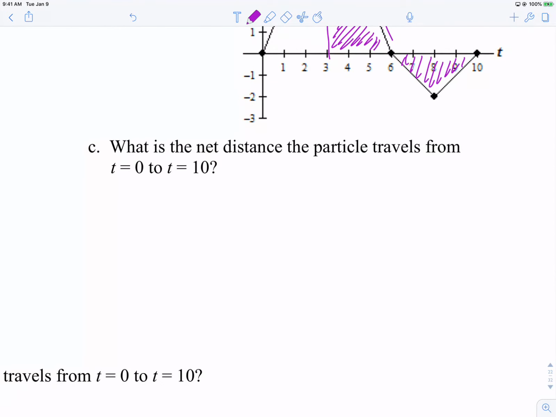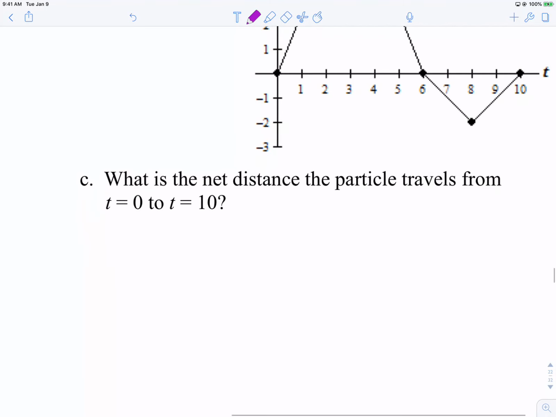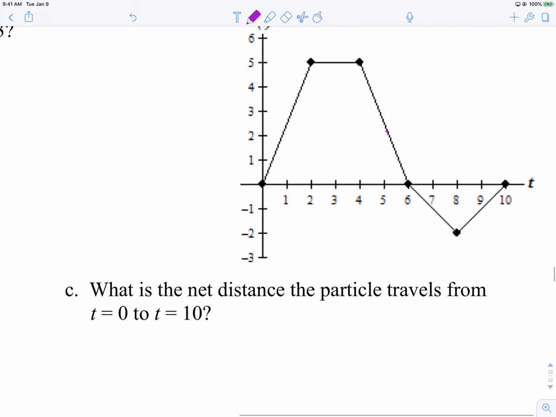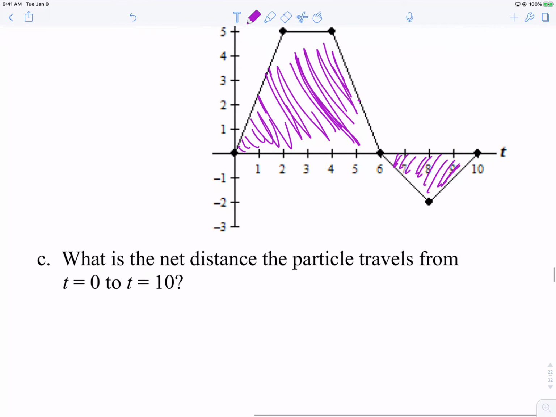What is the net distance the particle travels from 0 to 10? So for net distance, that means we want to keep everything positive, so even negative areas will be counted. So since we have a picture here, a graph from 0 to 10, we're going to find this area, and it'll be a positive area, and we're going to add to it this area, and that would give us our net.